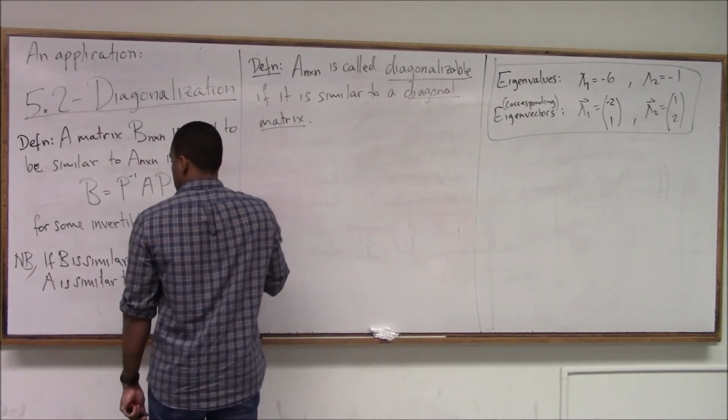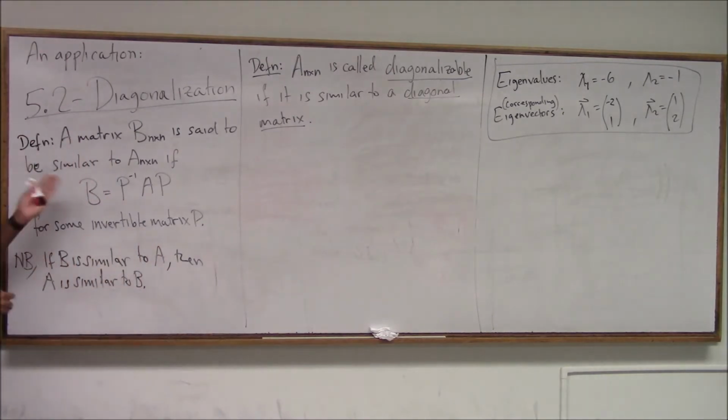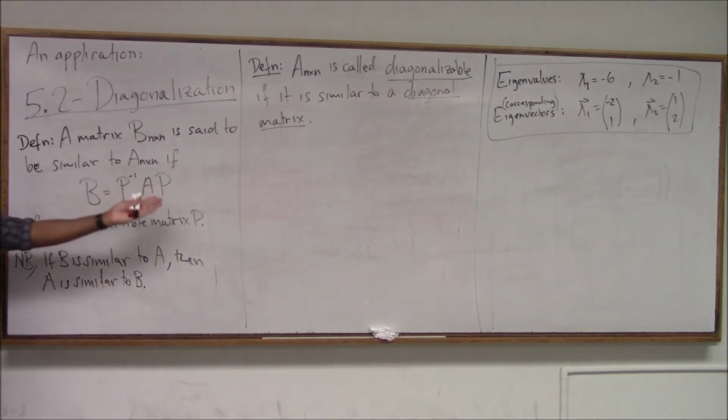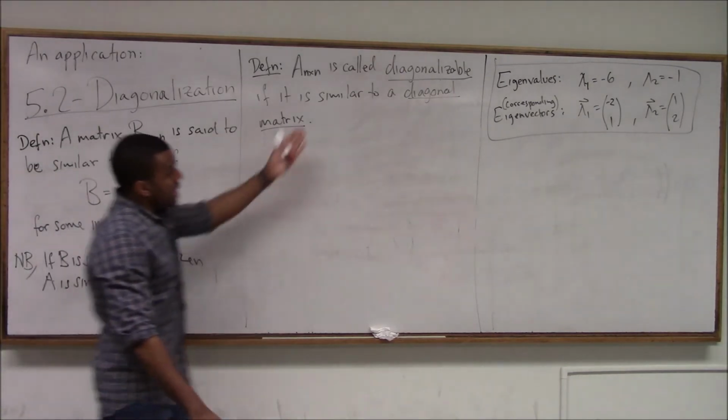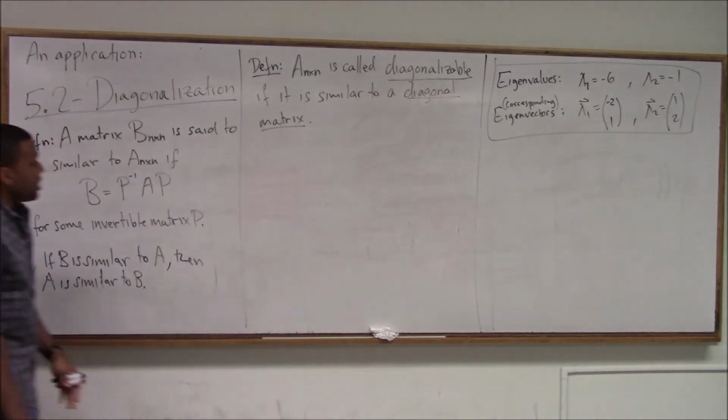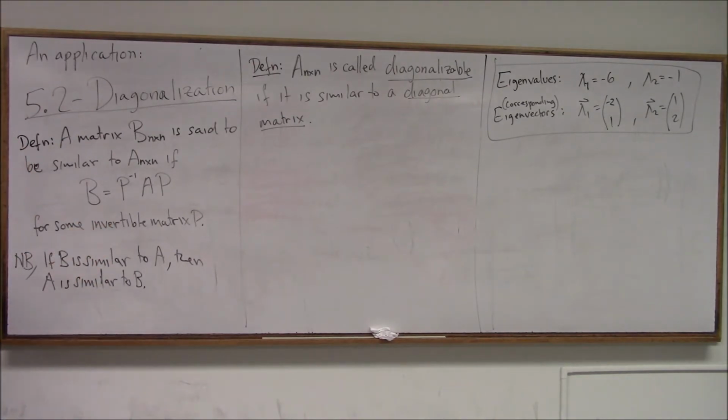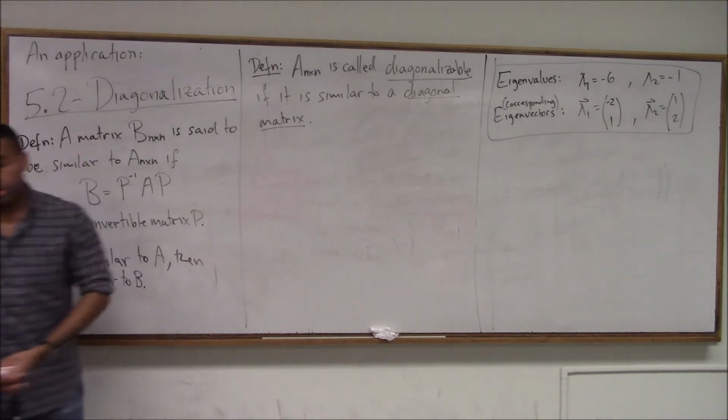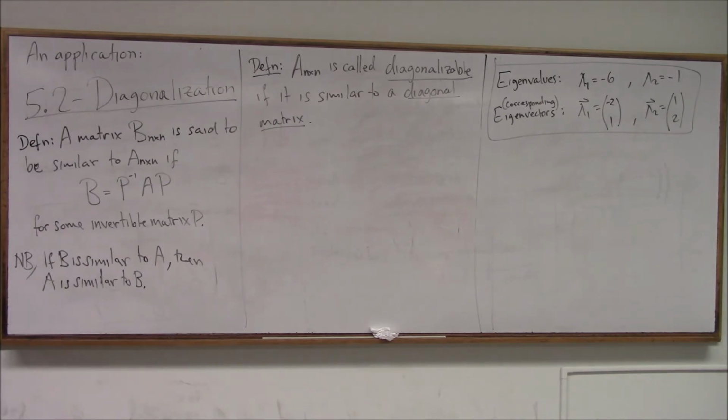That's what's called a similar matrix. So when two matrices are similar, it means you can express one in terms of the other in this form. And to say something is diagonalizable means you can express it in this form with a diagonal matrix. P is said to diagonalize A. I think that's straightforward. Okay.